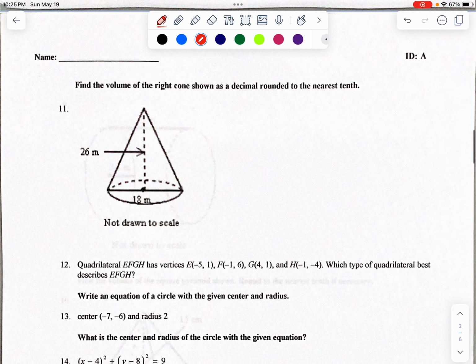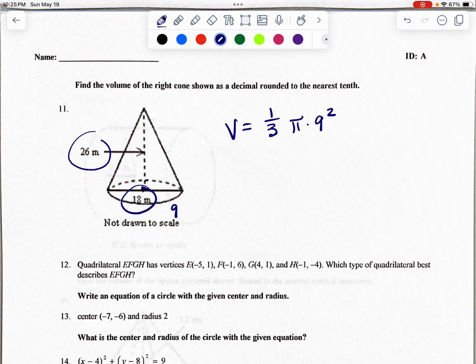Number 11 is a cone. The volume formula for a cone is 1/3 times pi times the radius. So that's going to be 9, squared, times the height of the cone, which is 26. It does tell me to round to the nearest tenth, so instead of pi, I'm going to use 3.14 in my calculator.